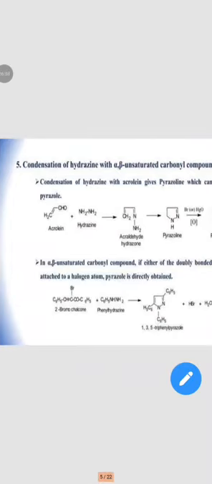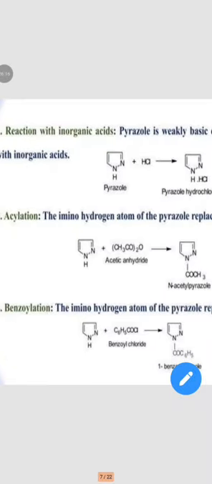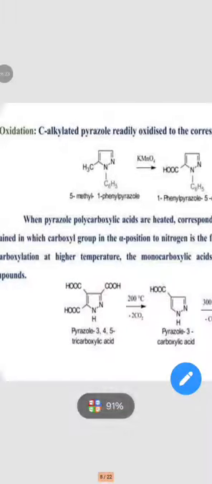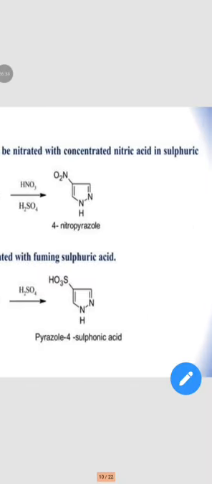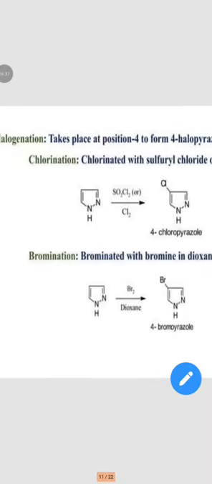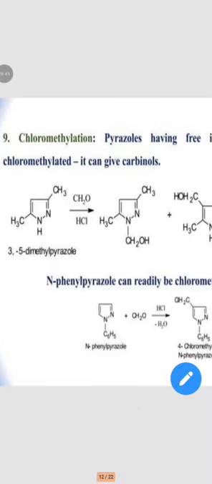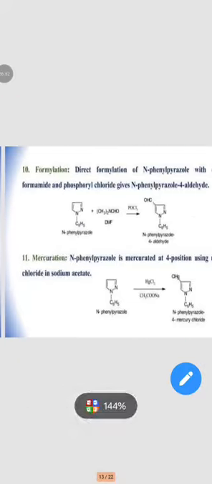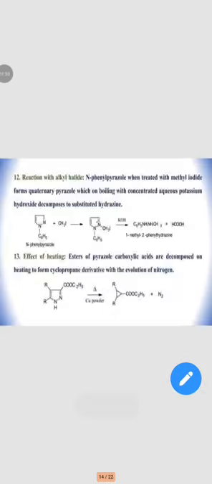First, synthesis of pyrazole, then some characteristic reactions: reaction with inorganic compounds, acylation, benzoylation, oxidation, reduction, nitration, sulfonation, halogenation (chlorination and bromination), chloromethylation, formylation, mercuration, reaction with alkyl halide, and lastly the effect of heating.